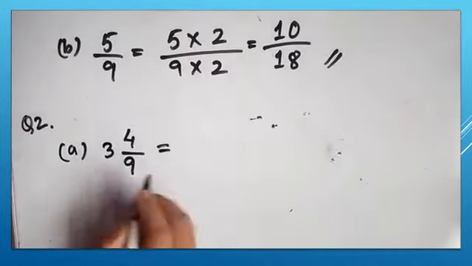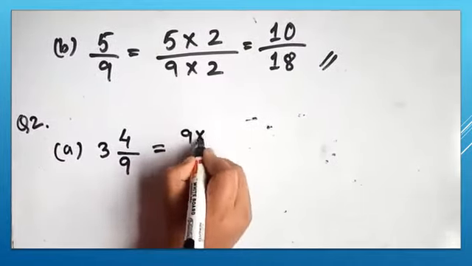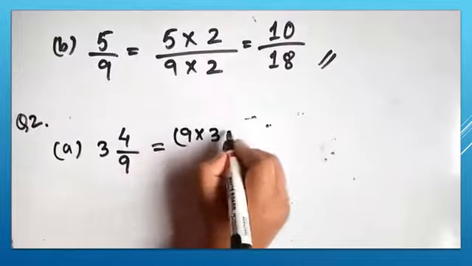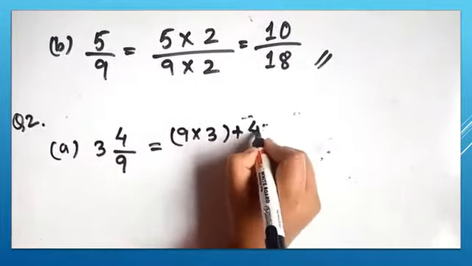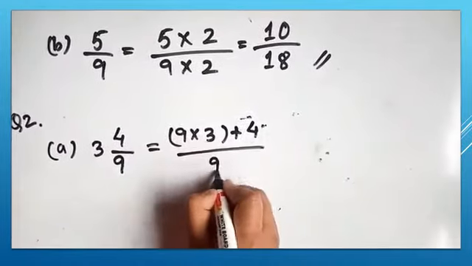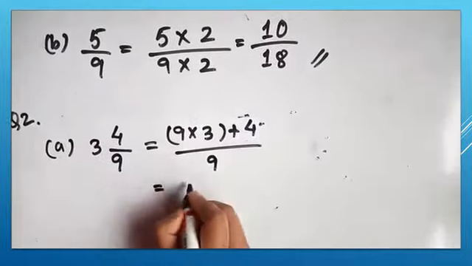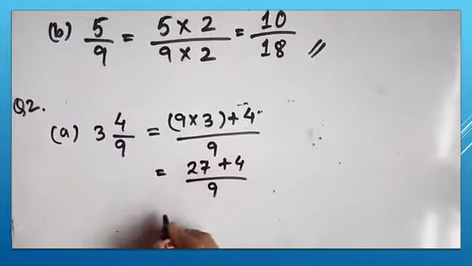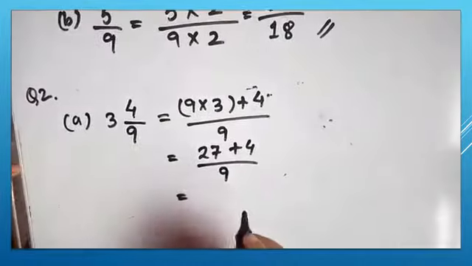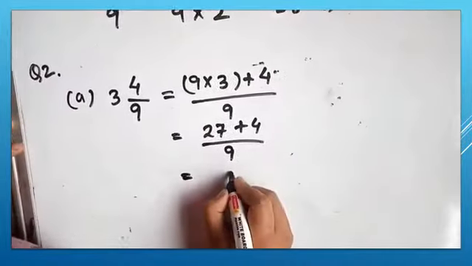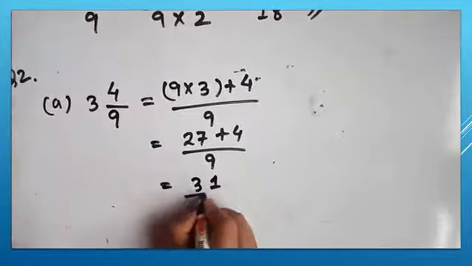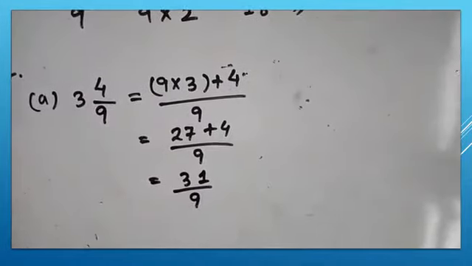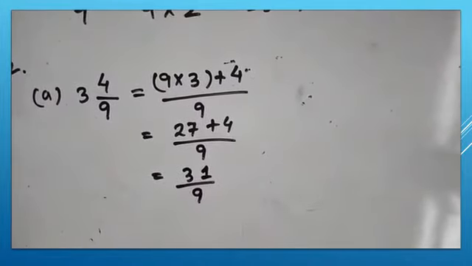So 9 3s, plus, you have to add, divided by 9. So 9 3s is 27. 27 plus 4 is how much? 31 by 9. So your answer is 31 by 9.